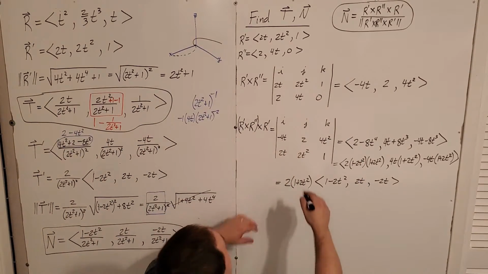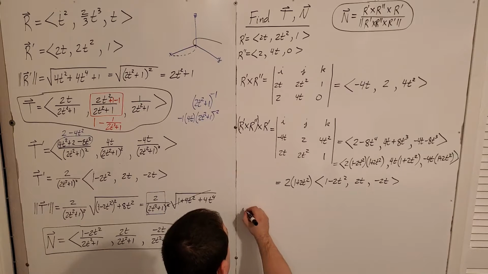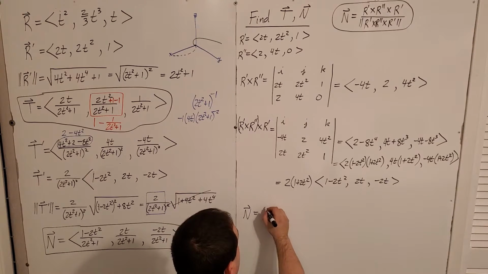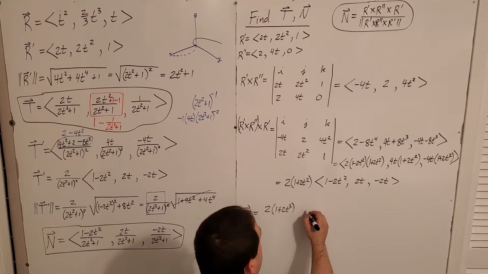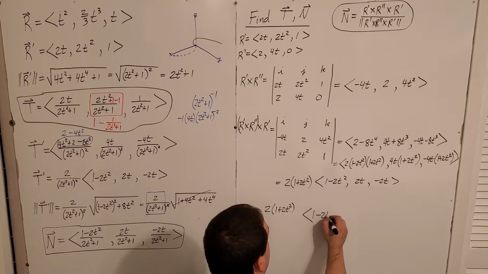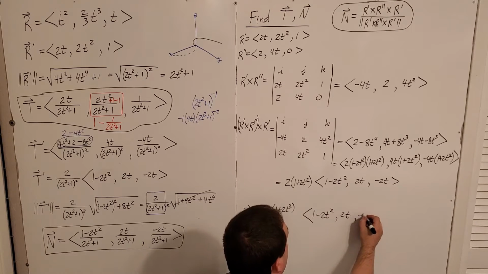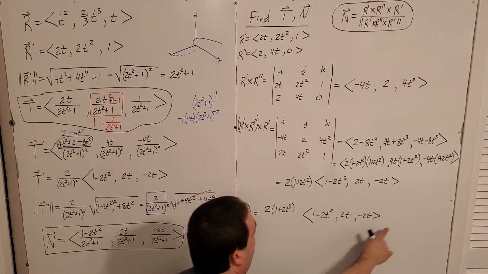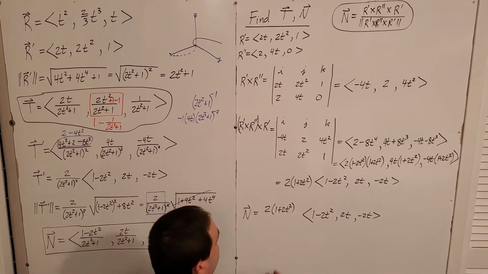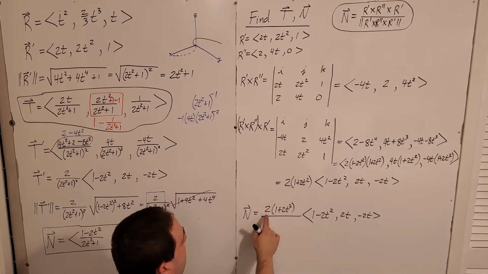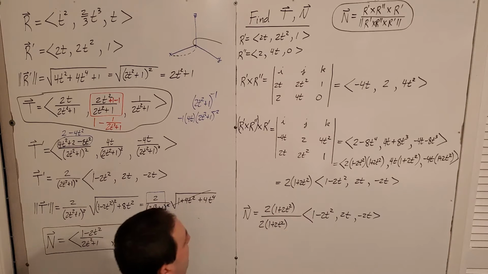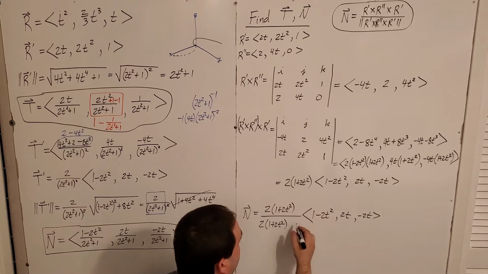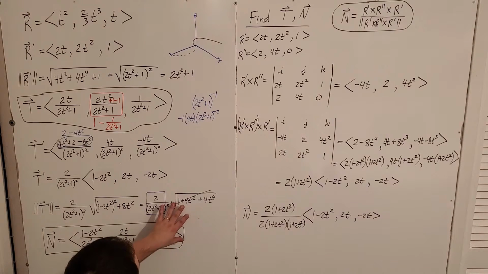So, my normal vector is going to be equal to 2 times 1 plus 2t squared, that's this piece, times this vector, 1 minus 2t squared, 2t, minus 2t, divided by the length of this, right? Okay, so the length of this piece is itself, right? And then the length of this portion was another 1 plus 2t squared, right? That was this piece right here.